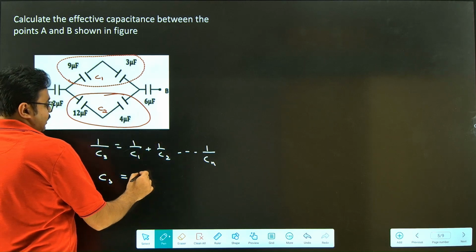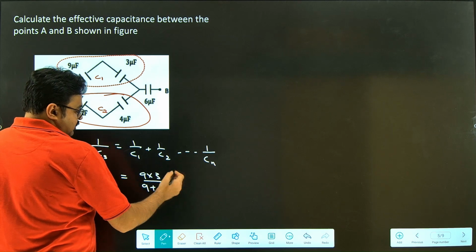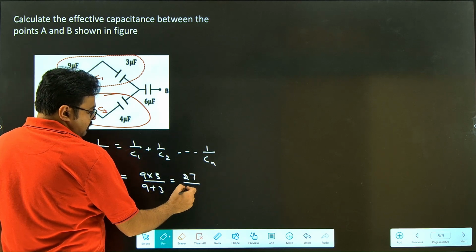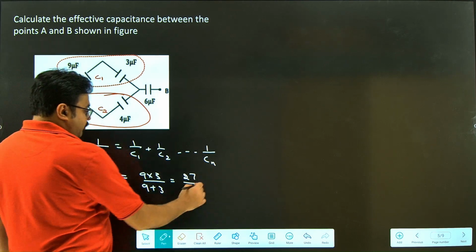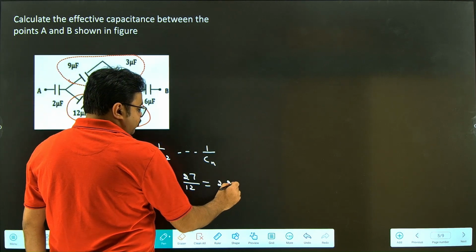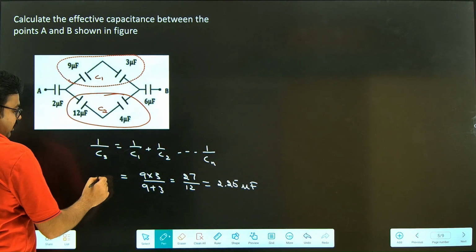Let's try to do that. 9 into 3 divided by 9 plus 3 is 27 divided by 12, which is as good as 9 divided by 4, which is 2.25 microfarad.